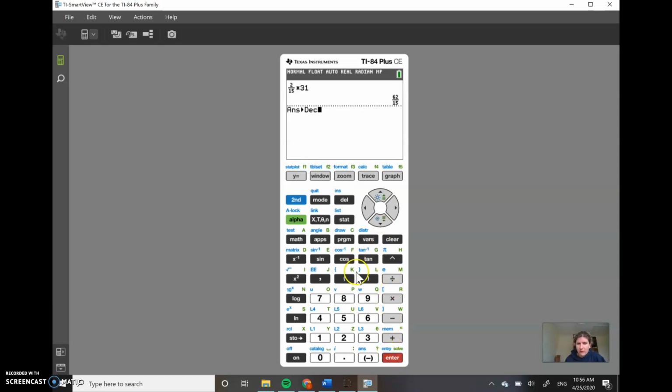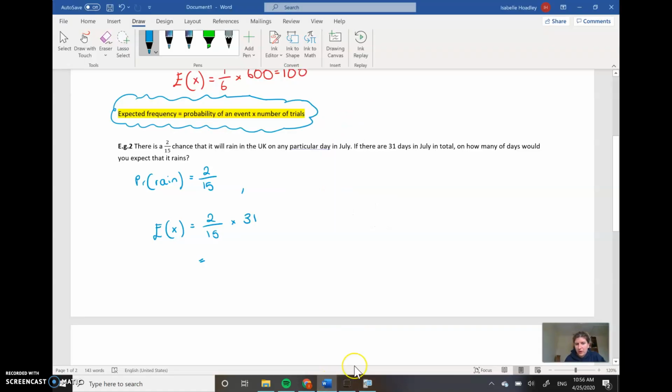We convert it to a decimal and we get 4.13. Now, there's no such thing as having 1/3 of a day, so I'm going to round that and say we would expect approximately 4 days of rain.